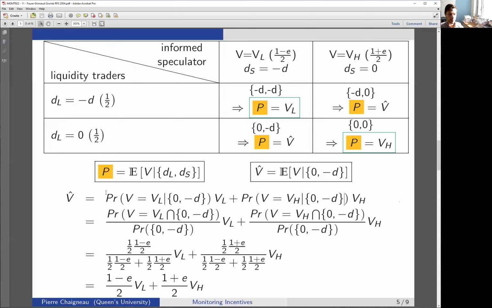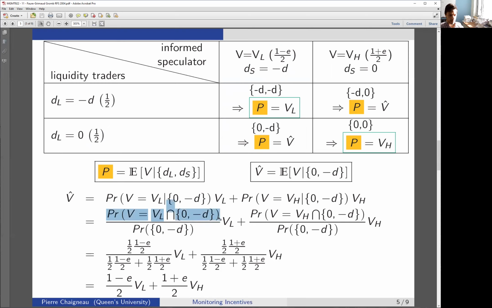So this is a probability of having these 2 events occur. What is the probability that firm value is VL and the observed orders are 0 and minus D? So firm value is VL. When do we have 0 and minus D? This is when DL is equal to 0. So that happens with probability 1 minus E over 2 multiplied by 1/2, because these two events are independent.